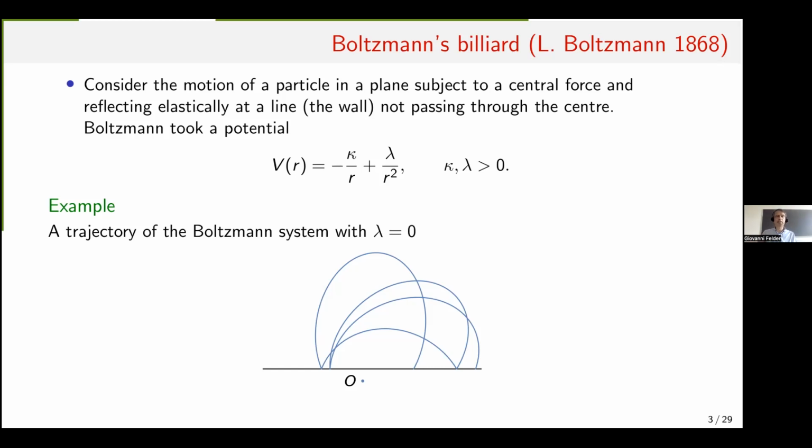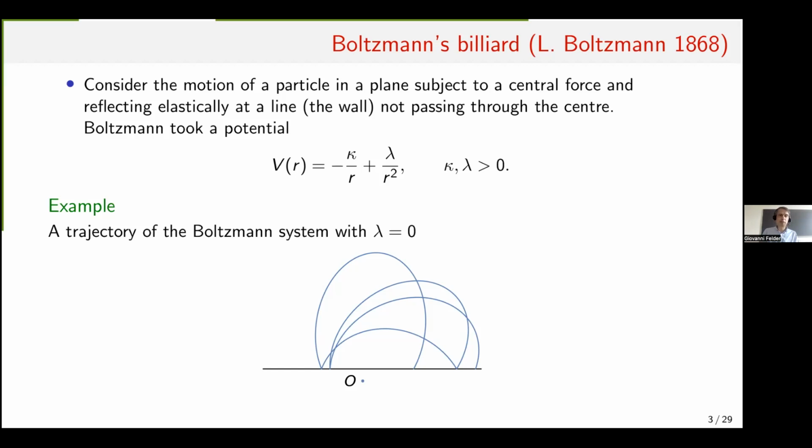Basically, it means that the modulus of the elliptic curve changes if you change the parameters, and this you can verify explicitly. And so this Moser theorem applies. So for small lambda, it is not chaotic.